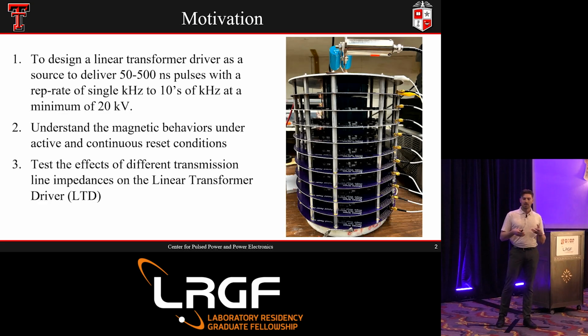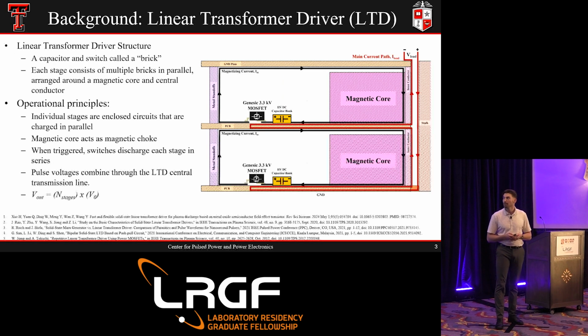We also wanted to understand some of the magnetic behaviors that happen in these LTDs, and I'll go over how these LTDs work, and some of the effects of the transmission line impedances on the voltage transfer and efficiency, as well as the rise times.